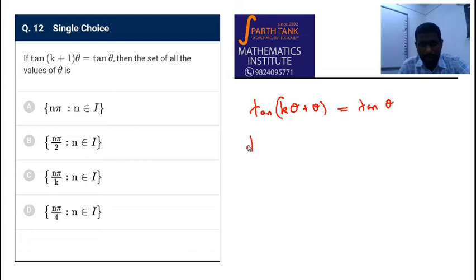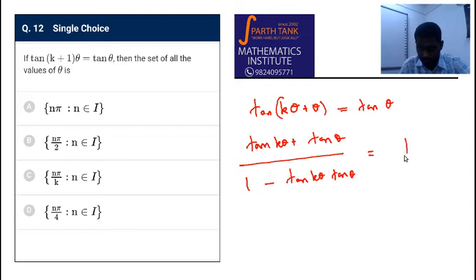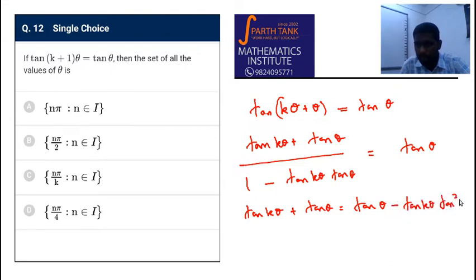And tan(k theta plus theta) is nothing but (tan k theta plus tan theta) by (1 minus tan k theta tan theta), right? So simplifying the terms, tan k theta plus tan theta is equal to tan theta minus tan k theta into tan squared theta. Tan theta and tan theta are gone.